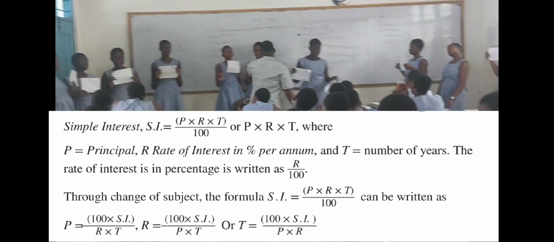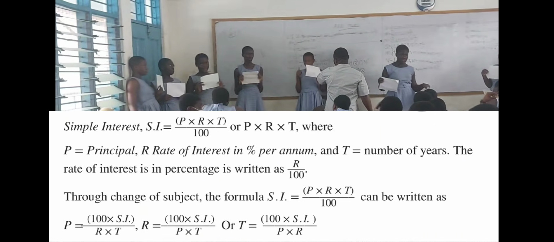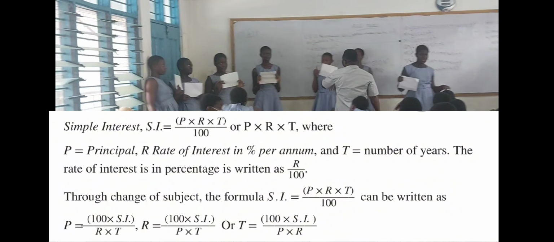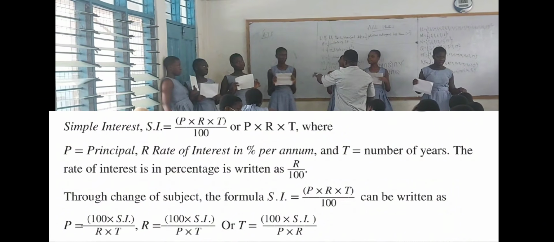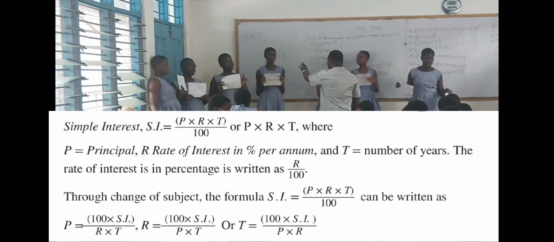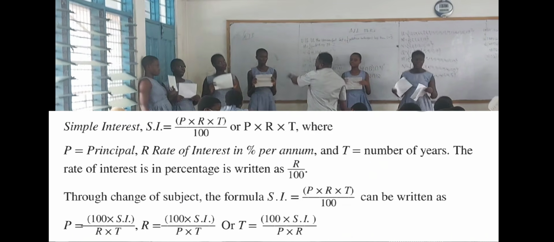If you want to find the rate also, rate becomes 100 times the simple interest all over the principal times the time. Or if you want to also find the time, then the time is going to be 100 times the simple interest all over principal times the rate.